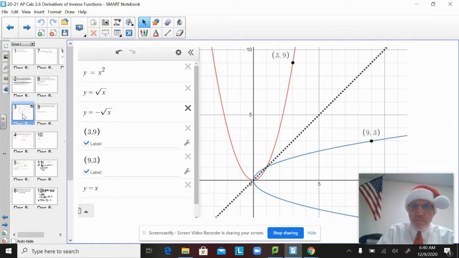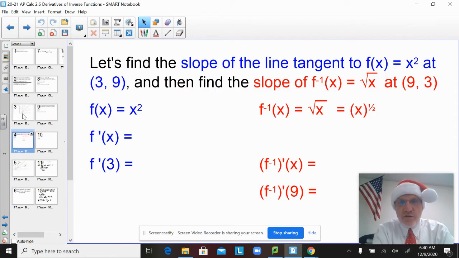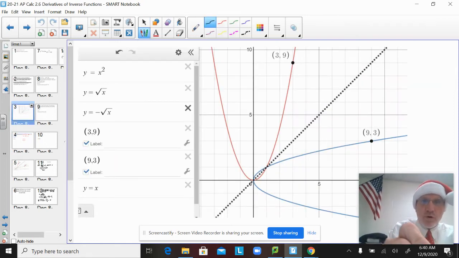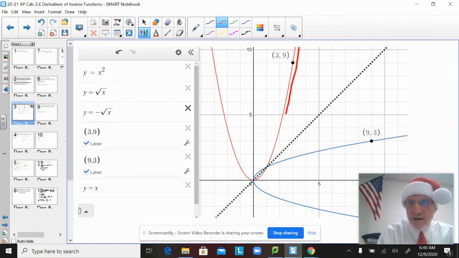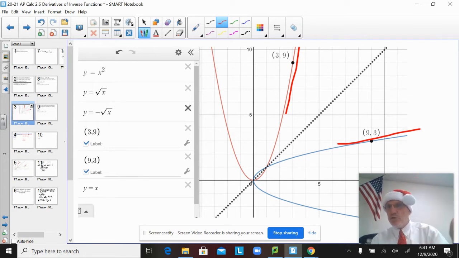So first, in blue, we'll find the slope of the graph of f of x equals x squared at 3, 9. And then in red, we'll find the slope of the inverse at 9, 3. There's a relationship between those two slopes, so let's find them.